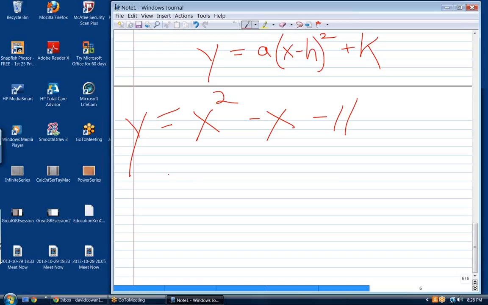So let's solve this. I'm going to separate out the x squared and x. I'm going to put my minus 11 way over here on the right side, but leave it on the right side. Now I'm going to complete the square here. How do I complete the square? Minus 1 divided by 2.